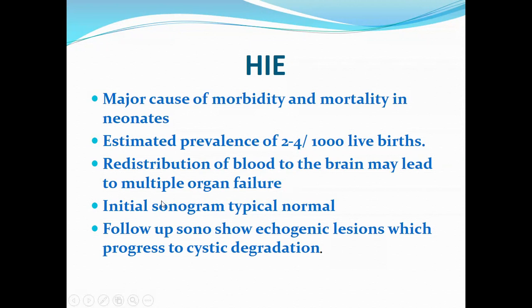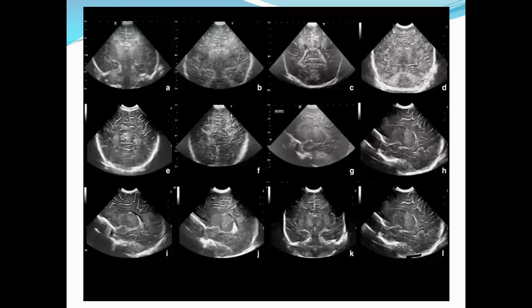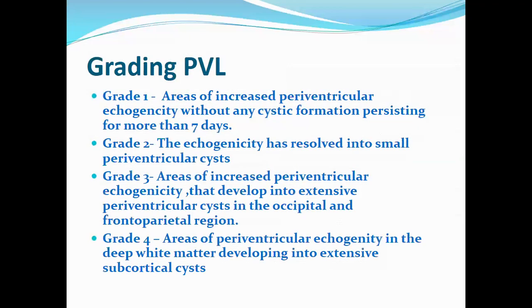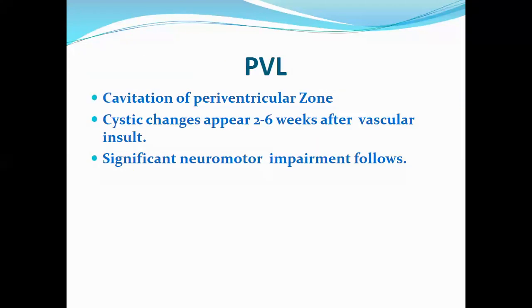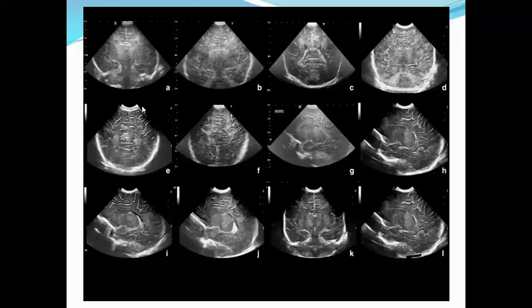So the first sonogram that you will do will be normal in HIE, but follow-ups will show echogenic lesions leading to periventricular leukomalacia. So just the images there.